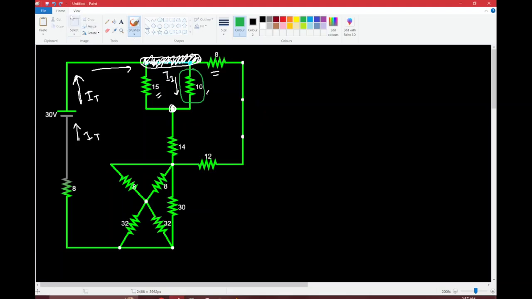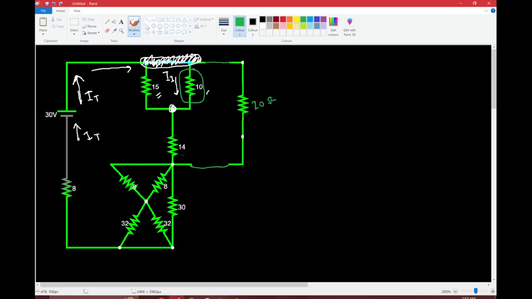Okay, I went too far back. Let's clean that up. Alright, so we connect those wires like so, and we just label this one as 20 ohms.